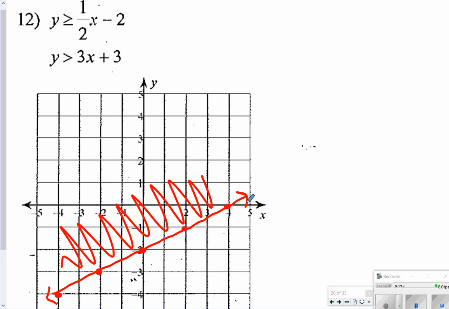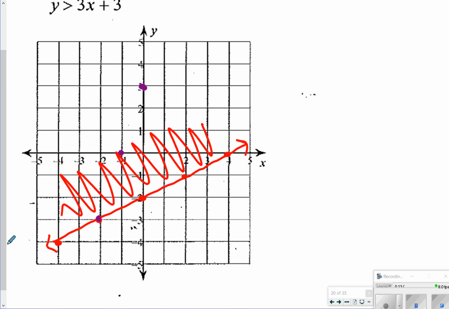And then we're going to do the next line in a different color. For this one, your y-intercept is 3, and your rise over run is up 3 over 1. Notice I do go off the page if I try to go up 3. So I'm just going to go down 3, 1, 2, 3 over 1, down 3 over 1. Okay, and then this one should be a dotted line because it's greater than.